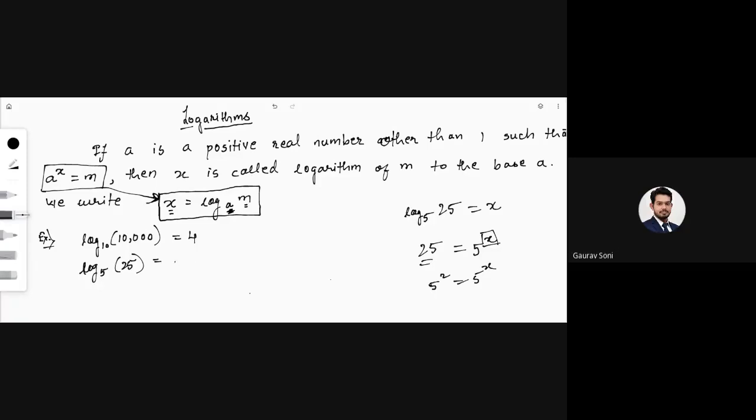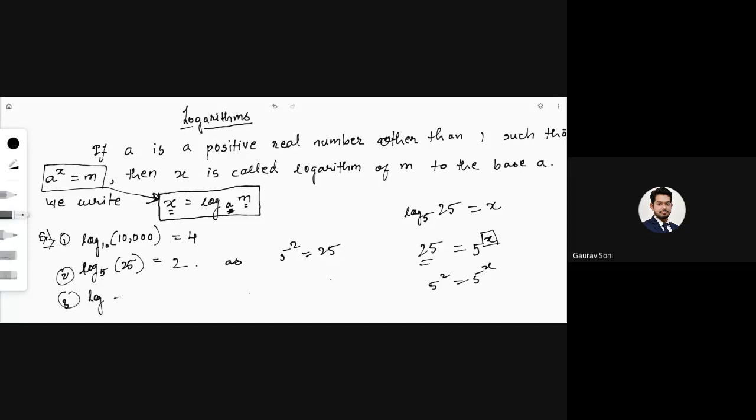So this will be equal to 2. I can write it down here as 5 squared is equal to 25. Next, the third example.